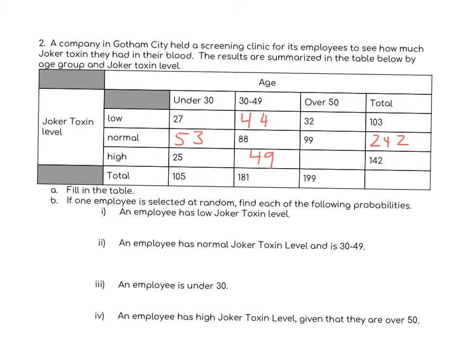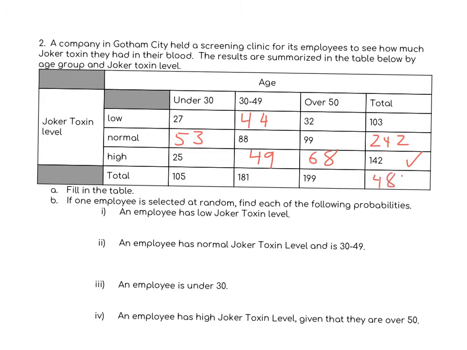We've got 39 plus 99, and then subtracting that from 199 is going to be 68. I'm just going to add across that row to make sure those add up. 25 plus 49 plus 68. I get 142. And then if I'm going to add across the bottom, 105 plus 181 plus 199 gives me 485.